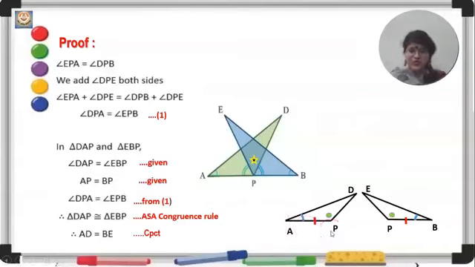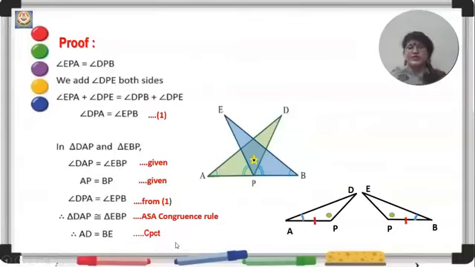And we have just proved from statement 1 that angle DPA is congruent to angle EPB. Therefore, the two triangles become congruent by angle side angle. So ASA congruence rule. And if the two triangles are congruent by ASA rule, then write down the corresponding parts of congruent triangles. Therefore, AD becomes congruent to BE because of CPCT.